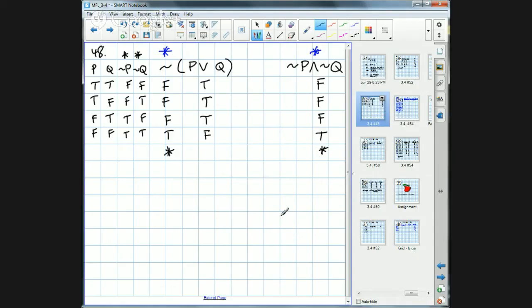Let me show you what you have to do on that one. So here are the directions. Determine whether the two statements are equivalent, one implies the other, or neither.